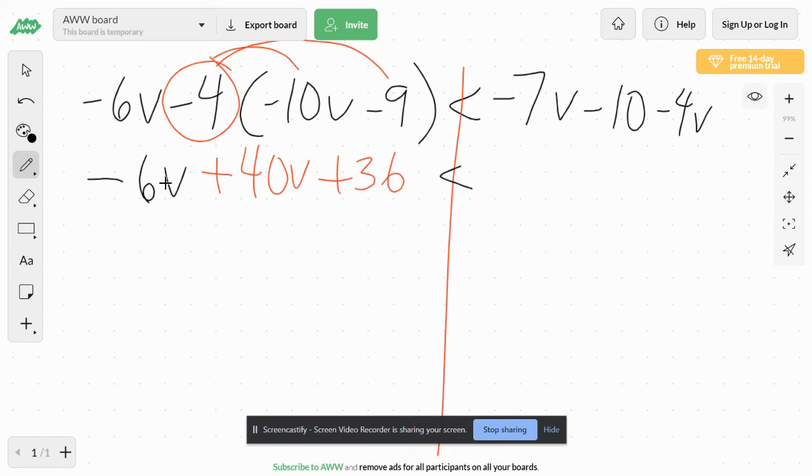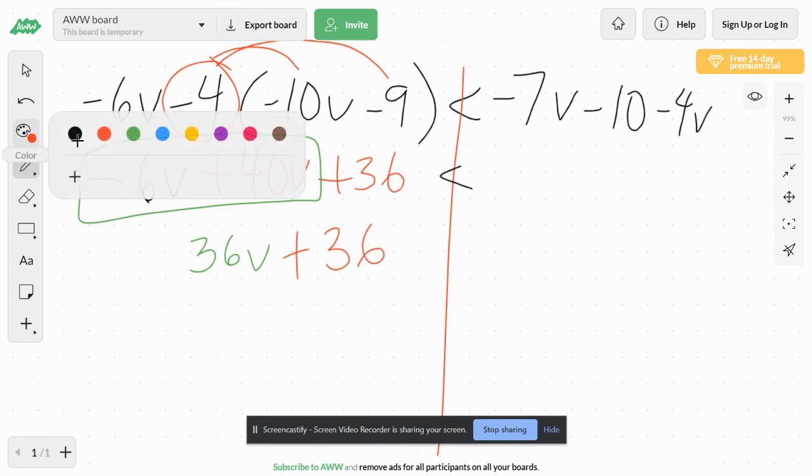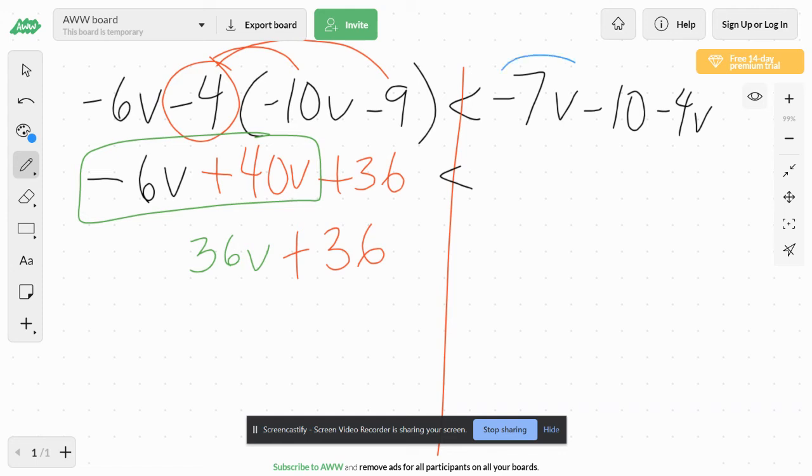Negative 6v plus 40v is 36v. I bring down the other 36. I can't simplify that any further. Over here, I can combine like terms. Negative 7v and negative 4v is negative 11v. Bring down the negative 10.